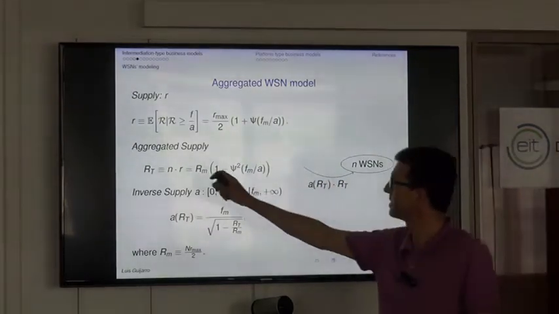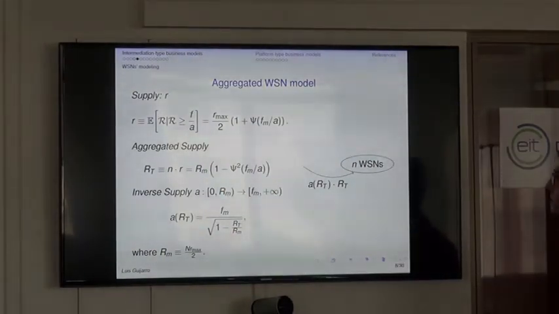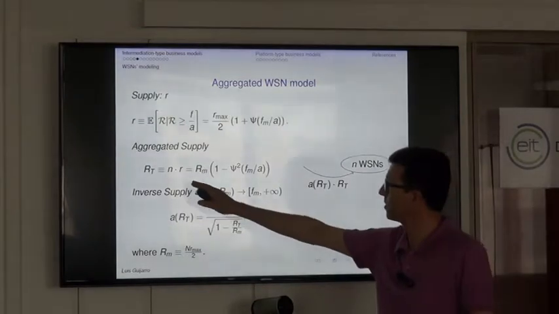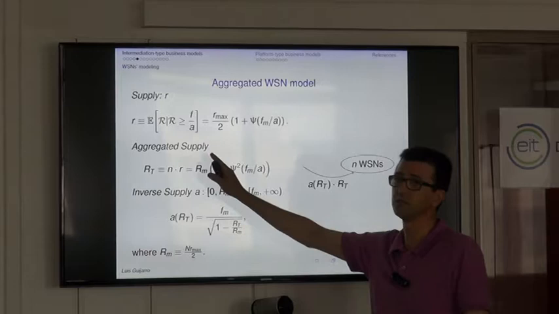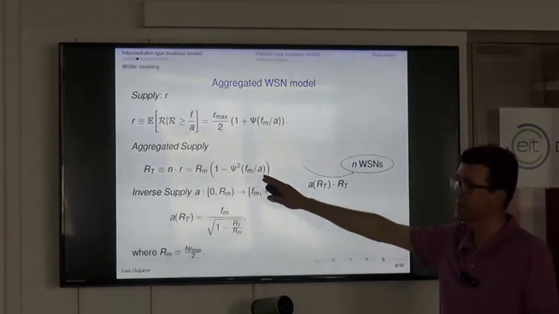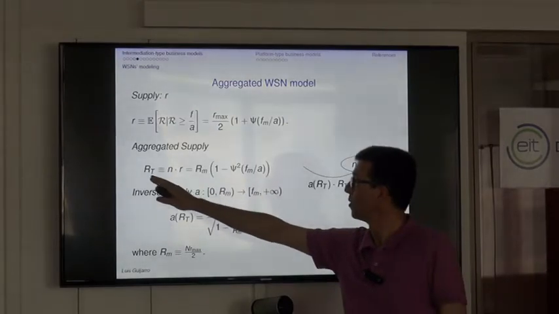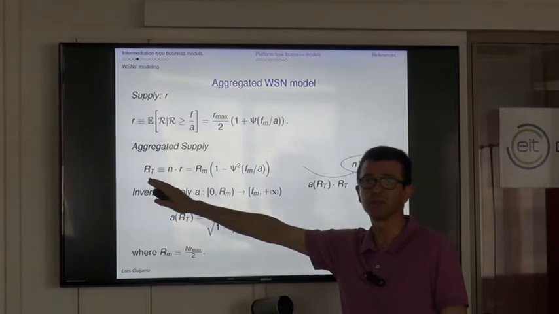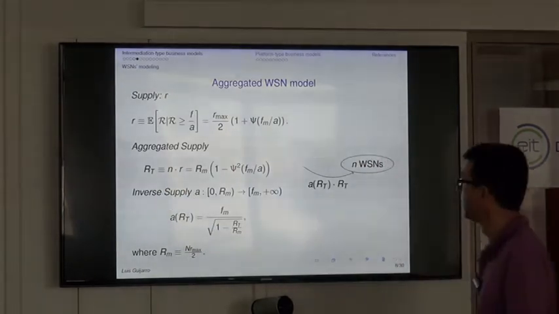The important thing is that this R times the N shown before gives us the total aggregated supply. That is, for a unit price A, which will be the total sensing data rate that the service provider can get. Okay.